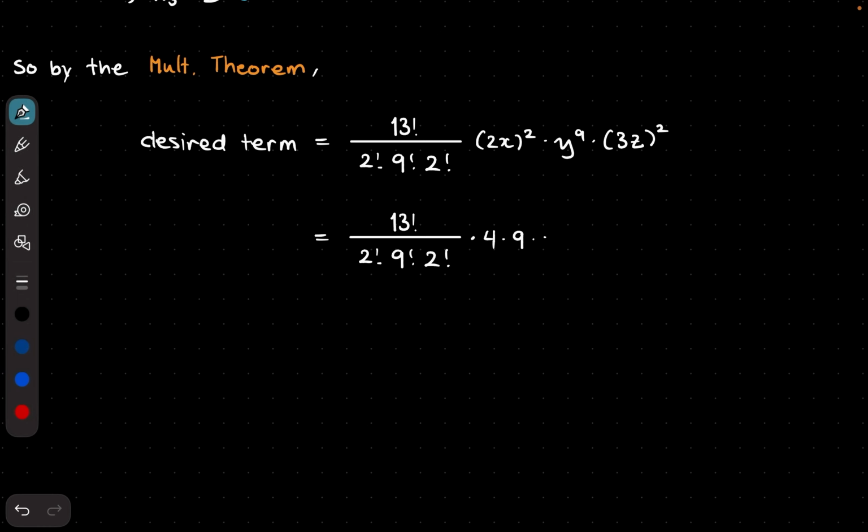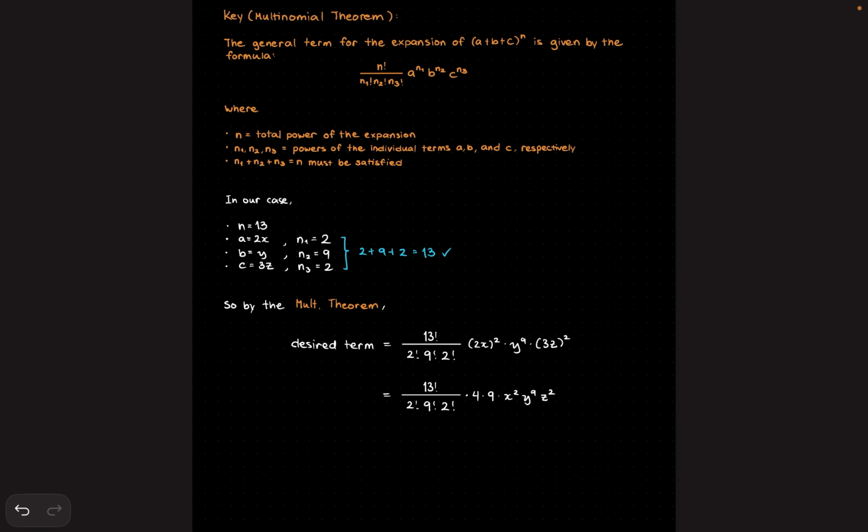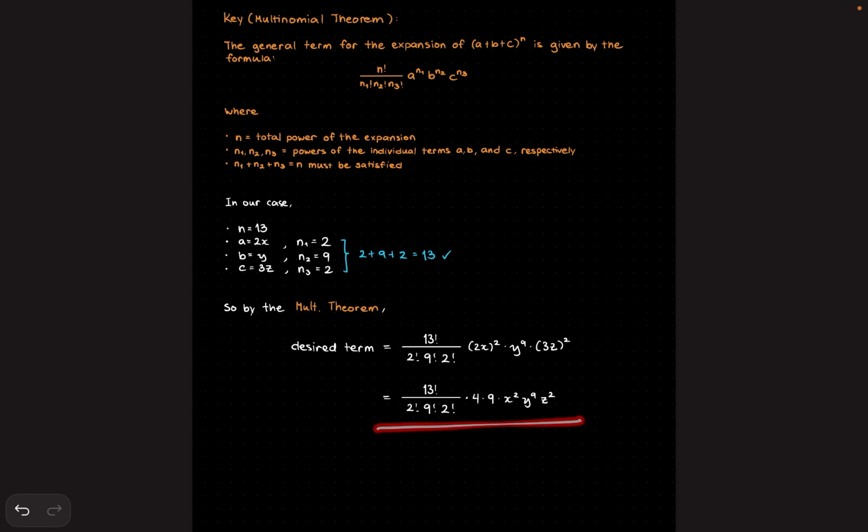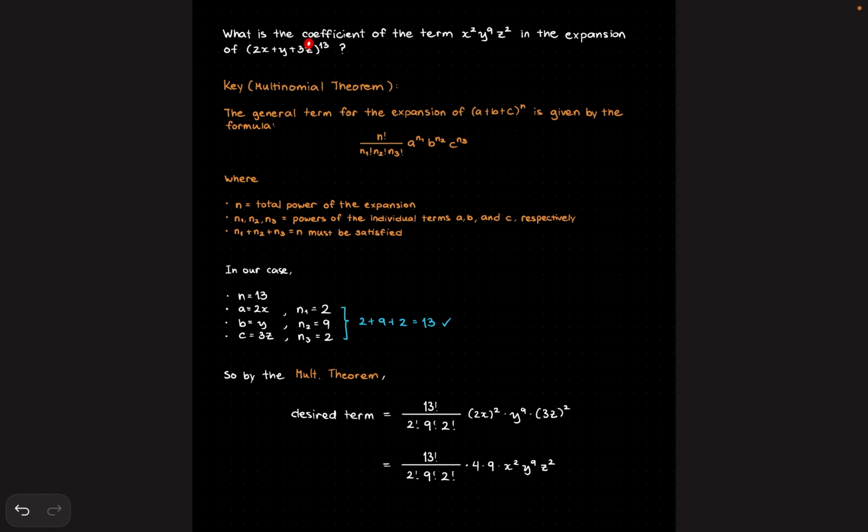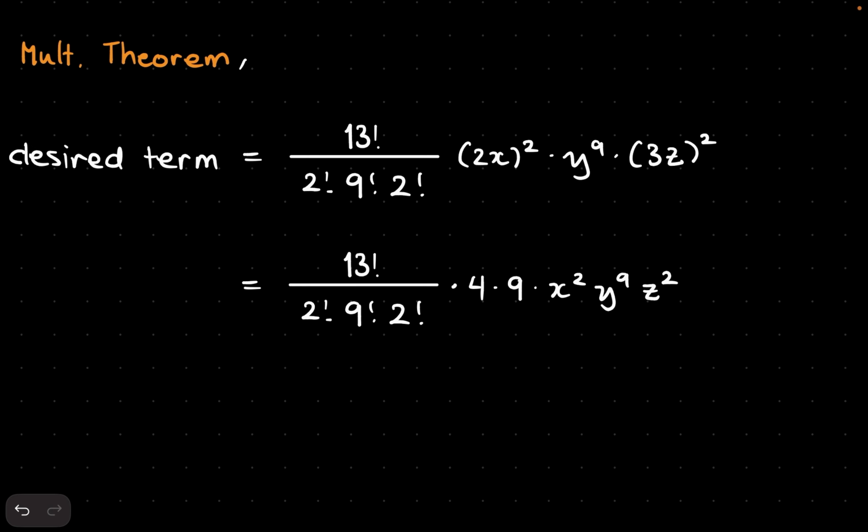And then the variables will have x squared, y raised to 9, z squared. As you can see, this is close to what we want already. We want the coefficient of the term x squared y raised to 9 z squared, but this is basically this part out here. So all we need to do is simplify this one.